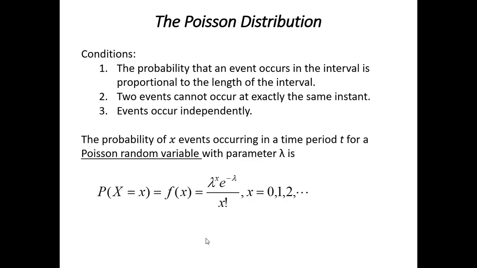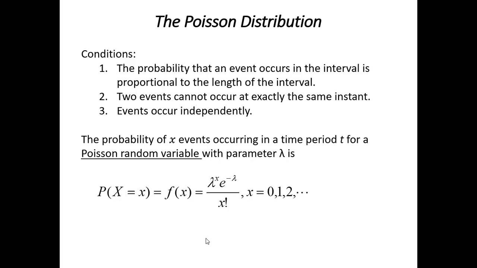Our next distribution is the Poisson distribution. So what makes a distribution Poisson? Well, when the probability that an event occurs in the interval is proportional to the length of the interval. That's one condition. The second condition is that two events cannot occur at exactly the same instant.